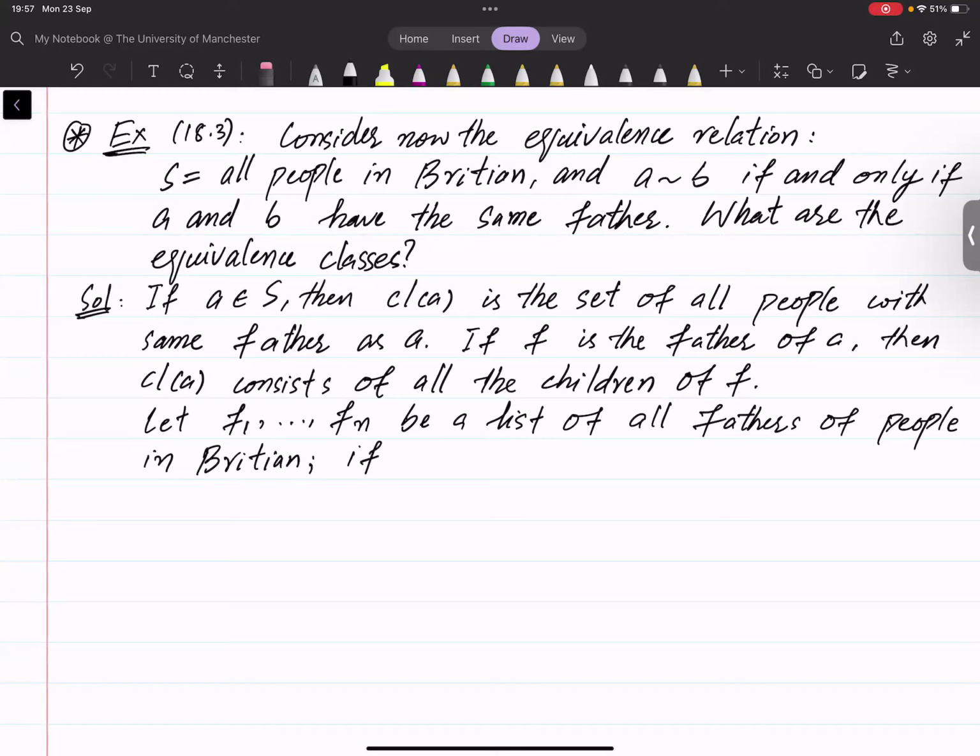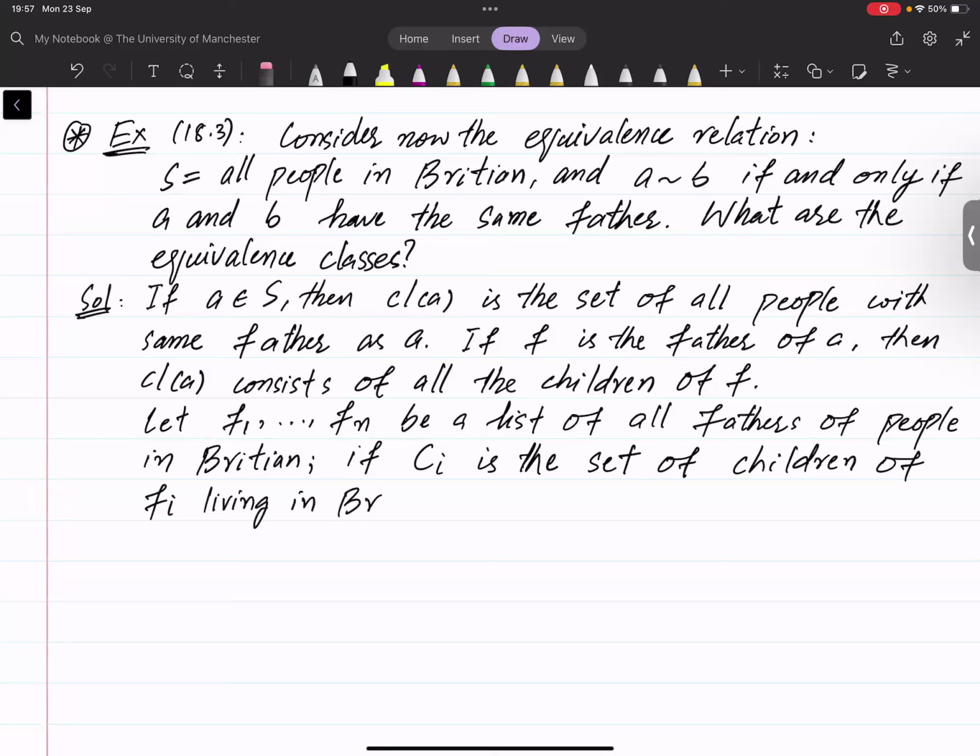So if Ci is the set of children of Fi living in Britain, then the equivalence classes are C1 to Cn.